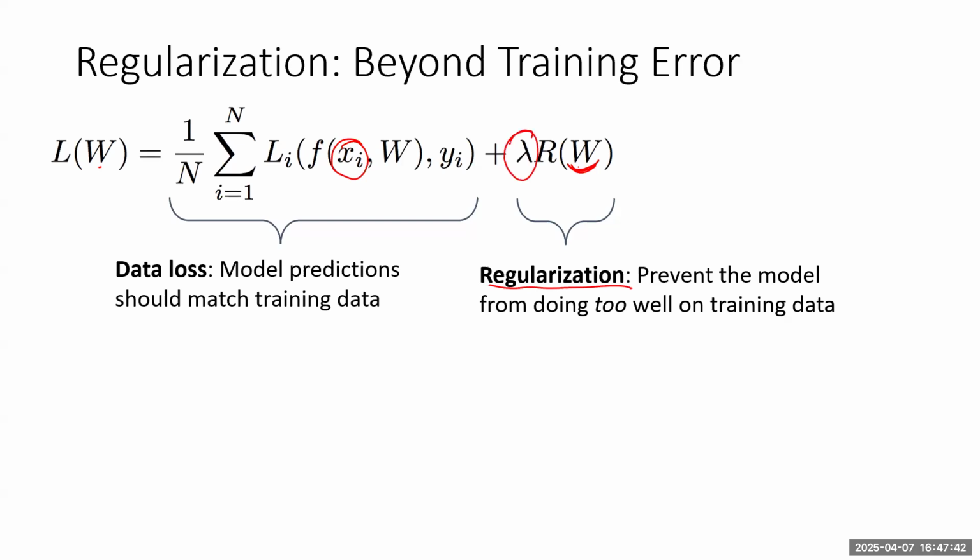This lambda is not automatically selected for us. We have to select it. We call this lambda a hyperparameter. Any parameter that we choose by ourselves to control or to adjust the algorithm is called a hyperparameter.